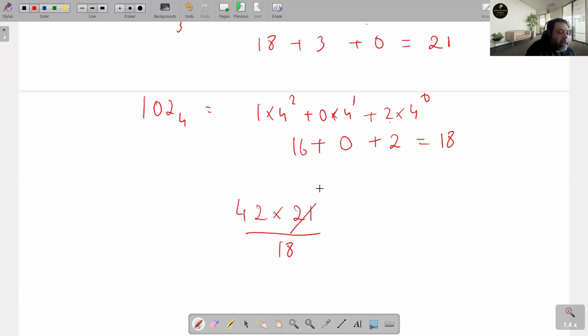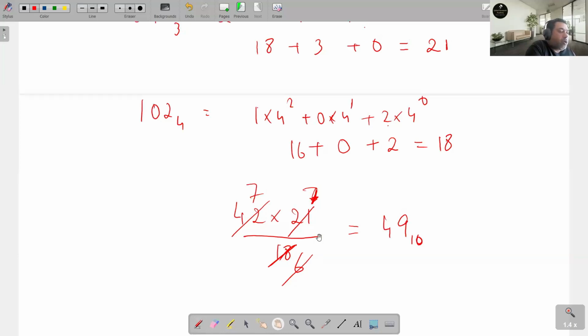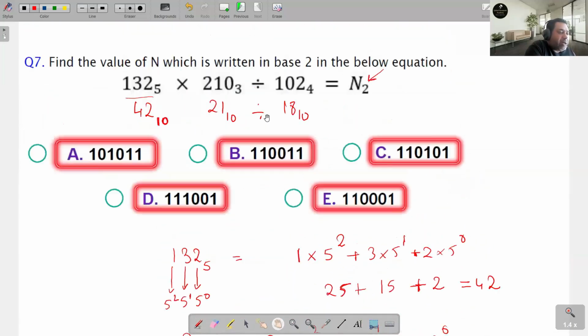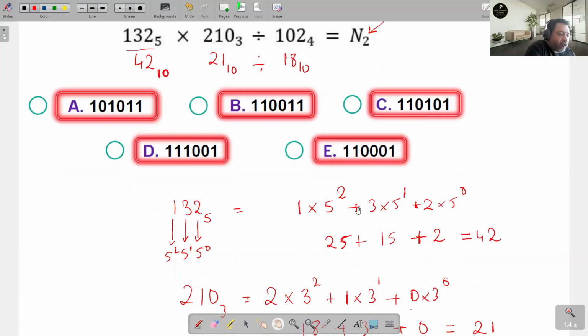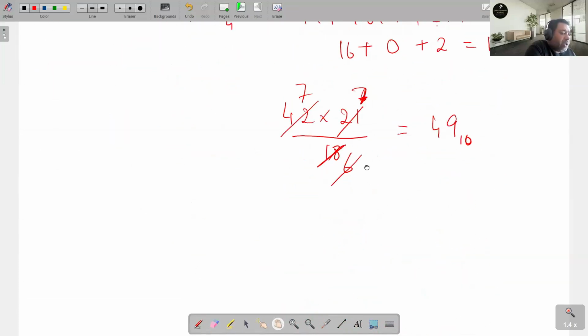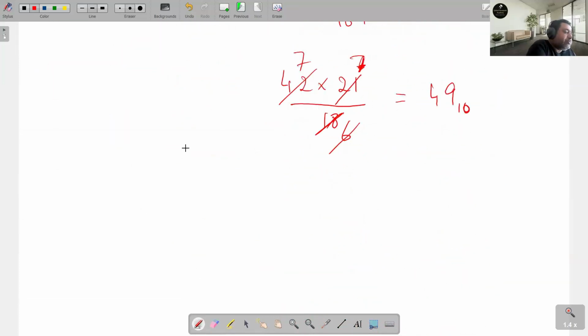Now 21 by 18 is 7 by 6, if we divide both of them by 3. 6 goes in 42 seven times. So 7 times 7 is 49. This whole left hand side of the equation is 49 in base 10. Now we have to convert 49 to base 2, because that will be equal to n in base 2.